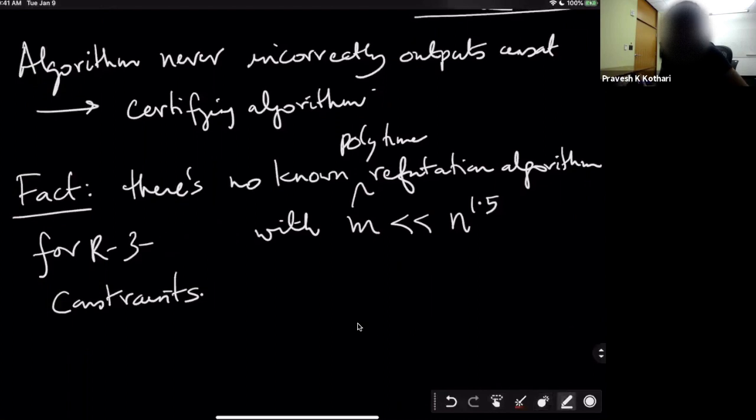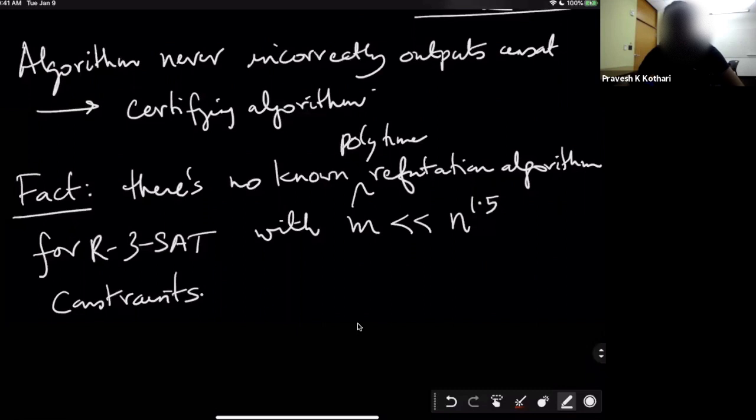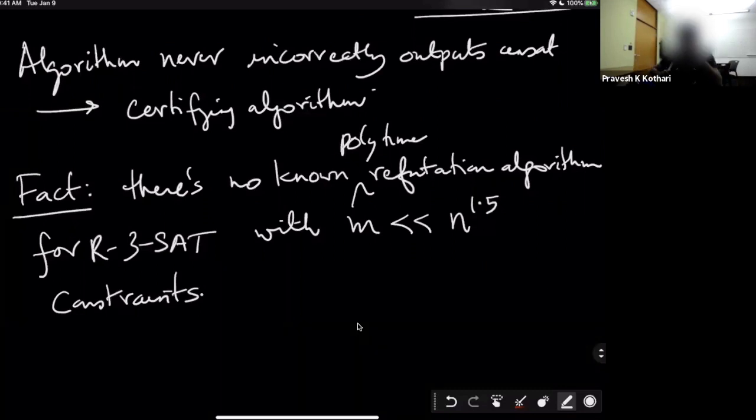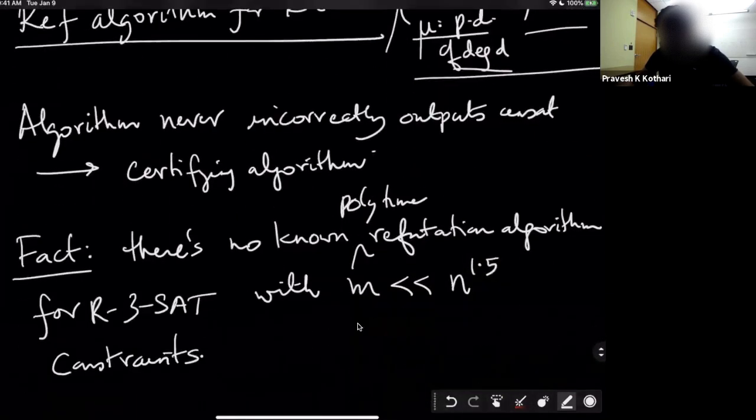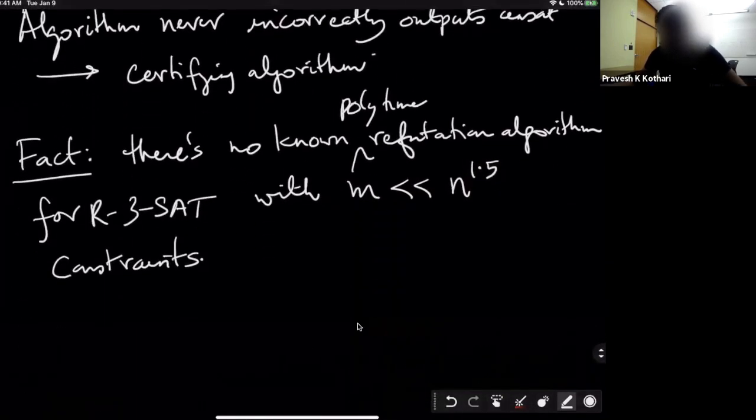Let's do it for 3SAT. Yeah. I skipped over one page of my notes and I realized that I was doing something important there. So, it turns out that we have not studied this problem, random 3SAT, yet, but there is no known refutation algorithm that solves the problem, satisfying these two conditions and running in polynomial time, whenever the number of constraints in the random instance is much smaller than n to the 1.5.